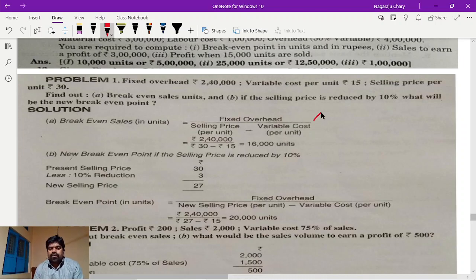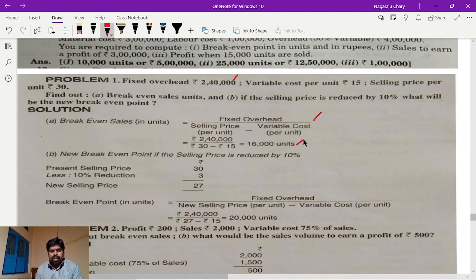The formula is fixed cost by selling price per unit minus variable cost per unit. So 2 lakhs 40,000 is given in the problem, this is fixed overheads, by selling price 30 rupees per unit minus 15 rupees per unit. Then ultimately we get 16,000 units.